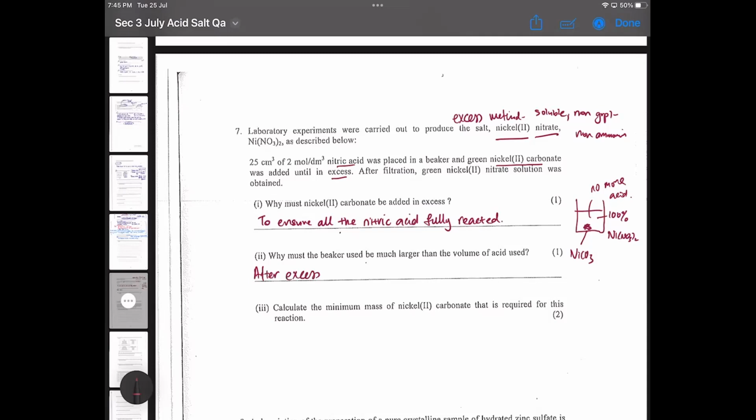After the excess nickel carbonate is added, because you're not adding new volume to the beaker, the mixture may overflow. So we want to use a much larger beaker. But this is kind of common sense and nothing to do with salt prep, so to speak. But for excess, do remember this.